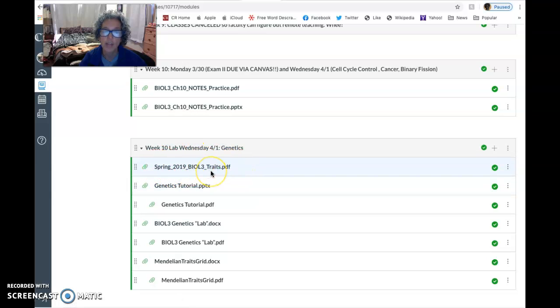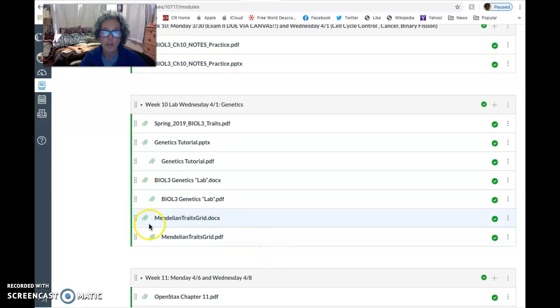If you have that, I really just put that with a little more examples on it. So this is fine. It's the same amount of information, but I've put it into a docx. And then I put the traits into a separate grid, and I will have a little lecture about how we're going to go about doing those problems.